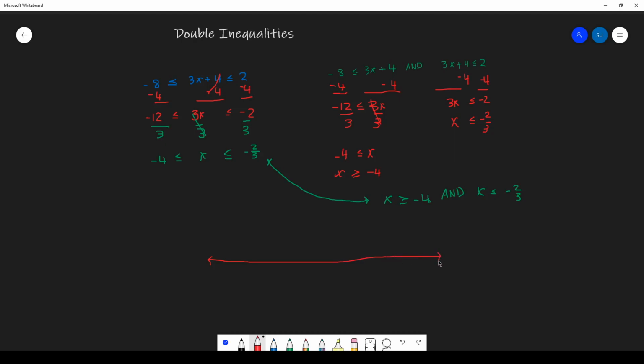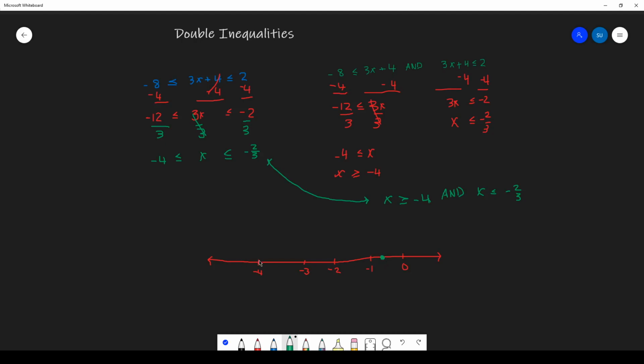So what are we dealing with here? Negative 4 and negative 2/3. I'll put the 0 over here, then 1, negative 1, negative 2, negative 3, and negative 4. Negative 2/3 would be right about here, and we're going to use a closed circle because it is less than or equal to, not just less than, so it is including that value.